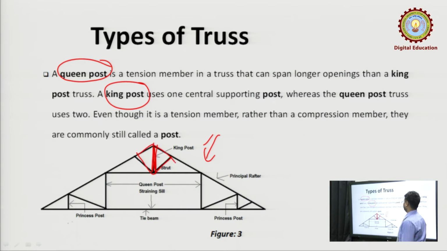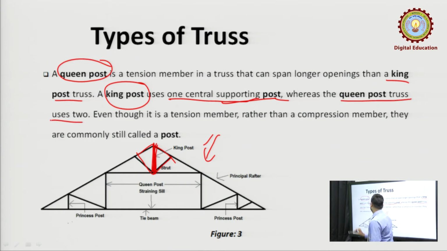A queen post is a tension member in a truss that can span longer openings than a king post truss. A king post uses one central support. This is your one central supporting post, whereas the queen post truss uses two.